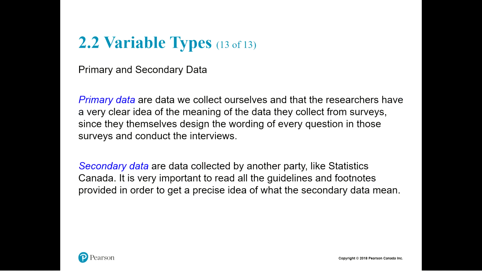Secondary data are collected by another party, for instance, Statistics Canada. It is very important to read all the guidelines and footnotes provided in order to get a precise idea of what the secondary data mean. You know what the primary data mean, but you don't know what the secondary data mean, based upon who has collected it.